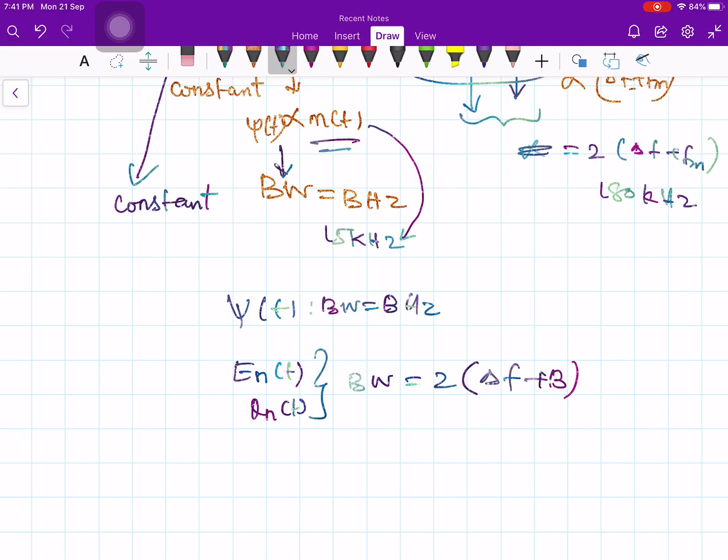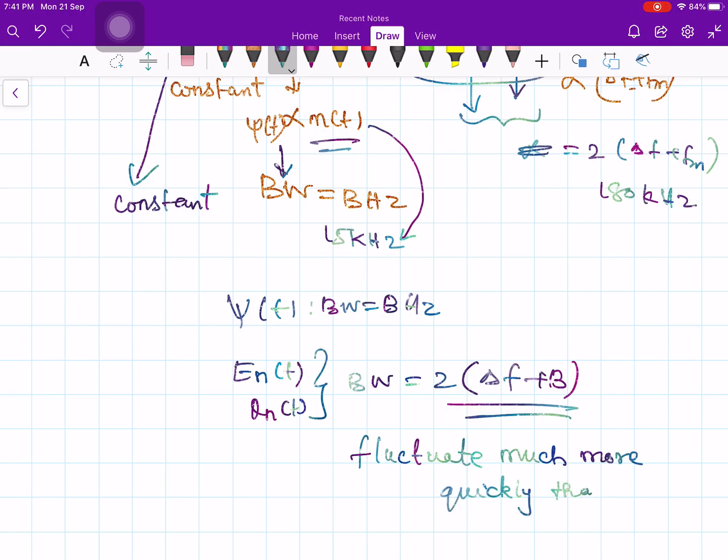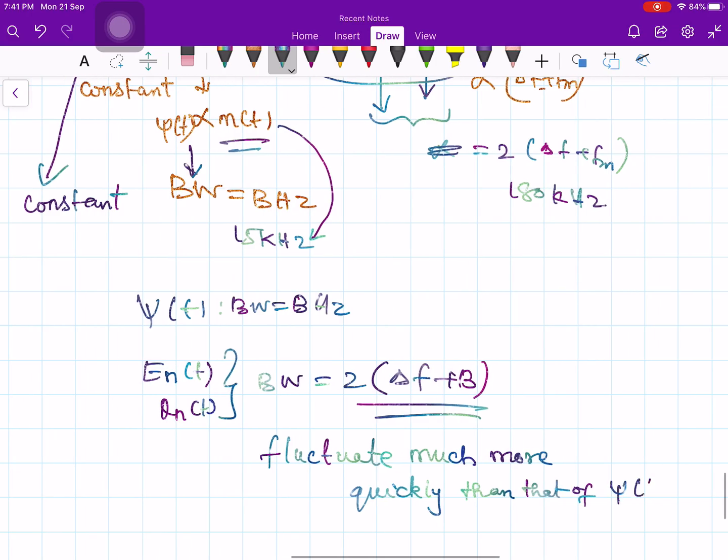Therefore, since the bandwidth is higher, this En of t and theta n of t will fluctuate much more quickly than that of psi of t.